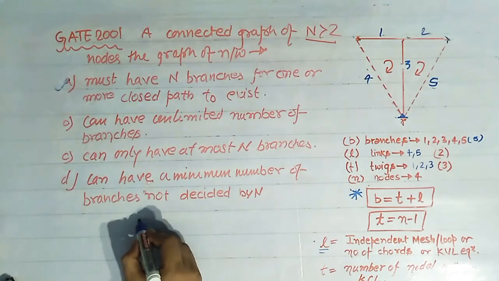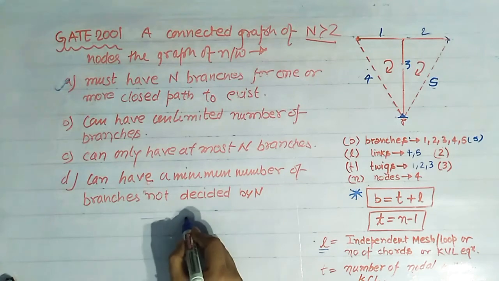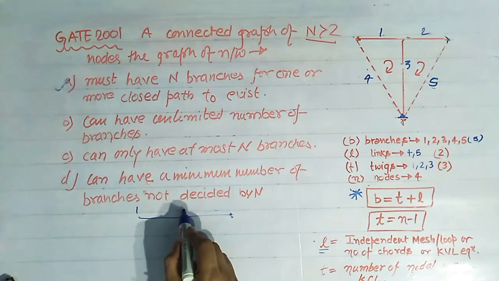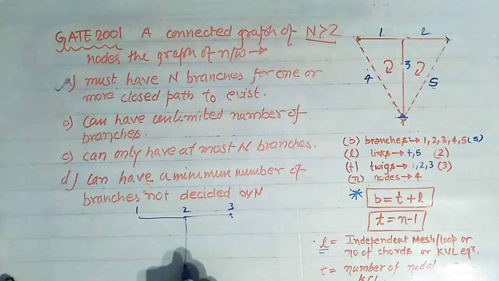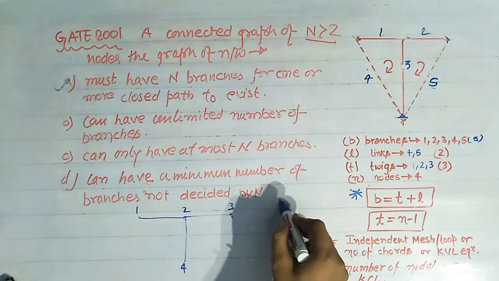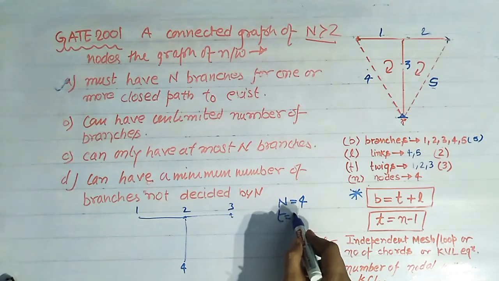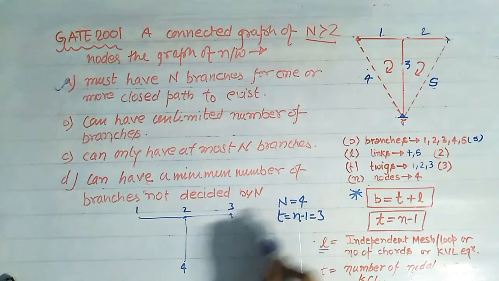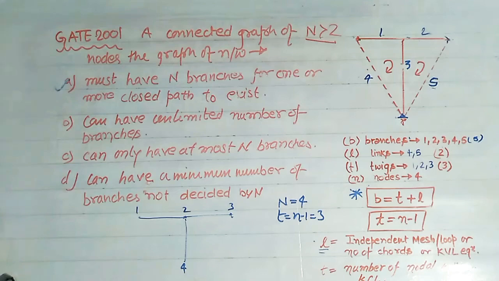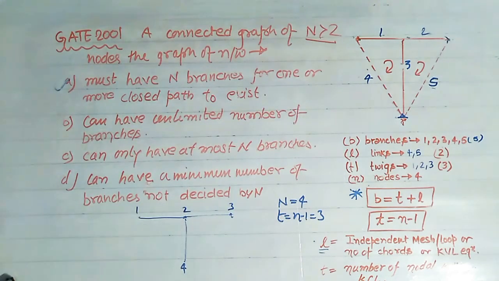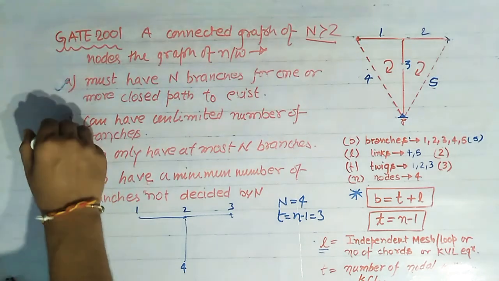So to check this, let's take a tree of a graph. And we know that a tree of a graph includes all the nodes. Suppose it has 4 nodes. So the number of nodes is equal to 4 and the number of twigs, that is n minus 1, is equal to 3. So here it can have unlimited number of branches. It cannot have unlimited number of branches.